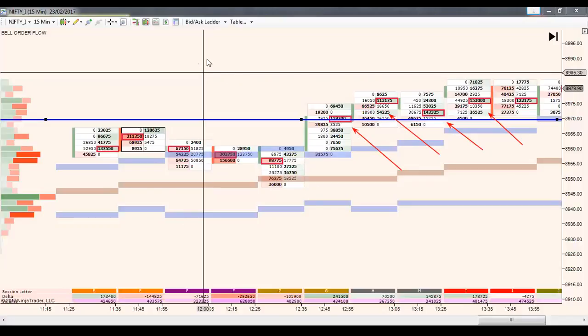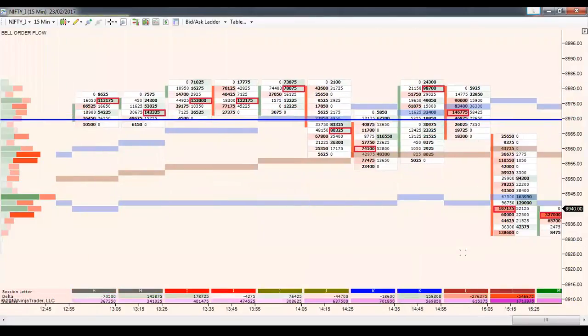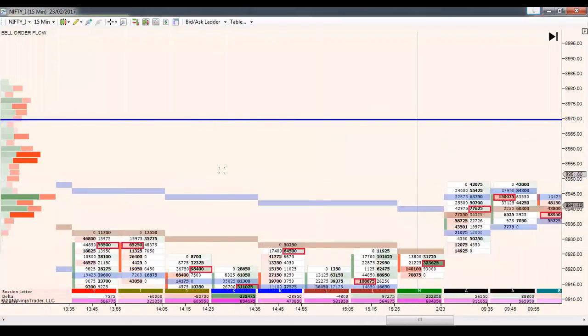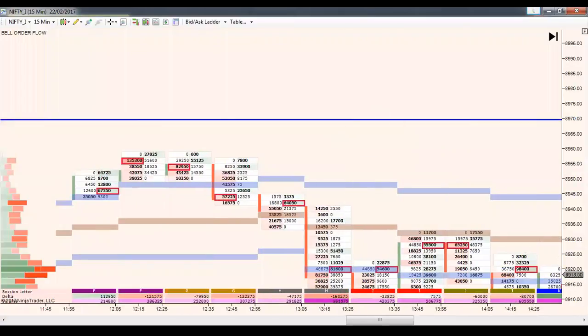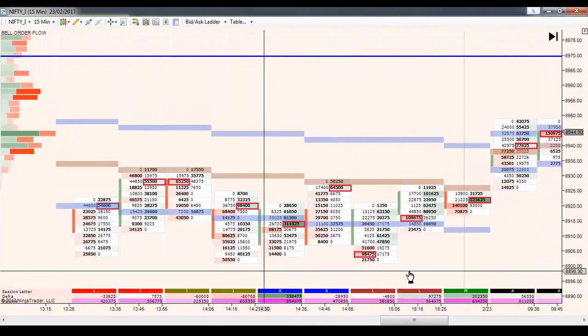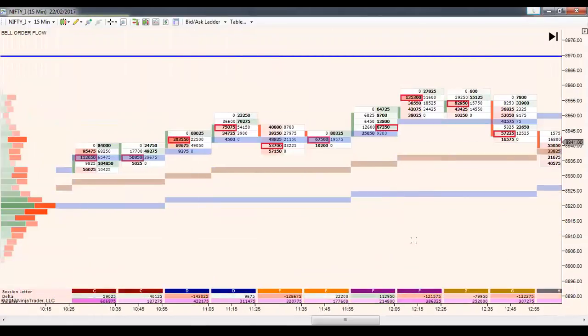So all these big buy numbers are actually these sellers trying to get out of their positions. So one more point was there. Let me see if I can find it. Where was that?